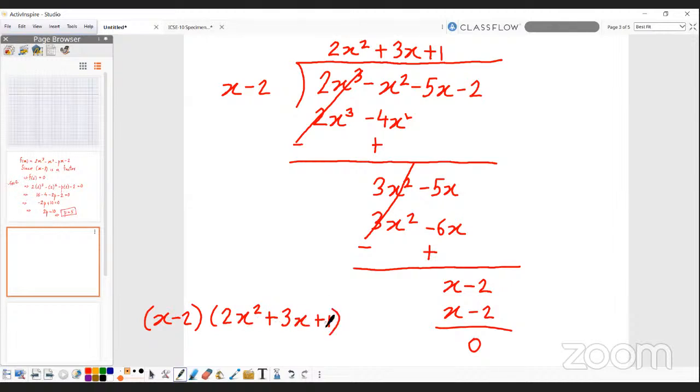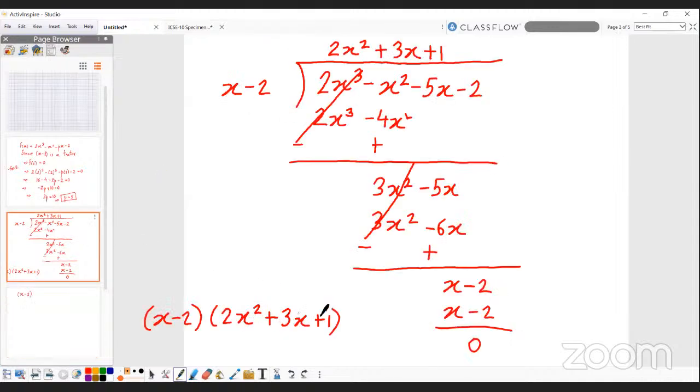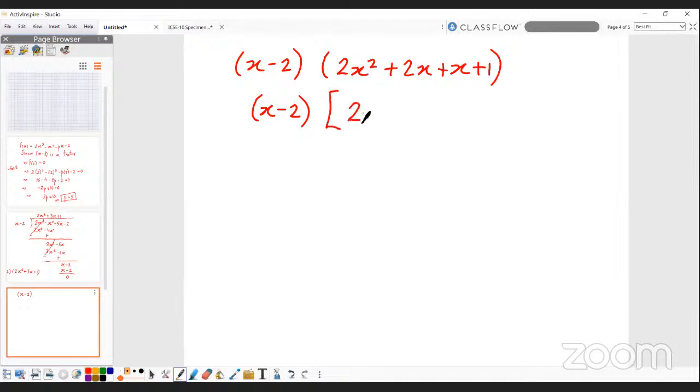But this 2x square plus 3x plus 1 can be factorized further. So x minus 2, the expression is 2x square plus 3x plus 1. You can suitably use the middle term splitting here. So 2x square plus 2x plus x plus 1. So x minus 2 into, from the first two terms you can take 2x common. You will get x plus 1 plus 1 into x plus 1.